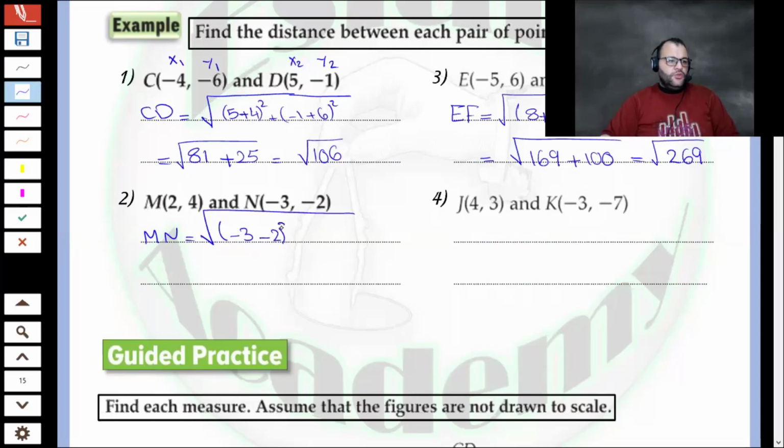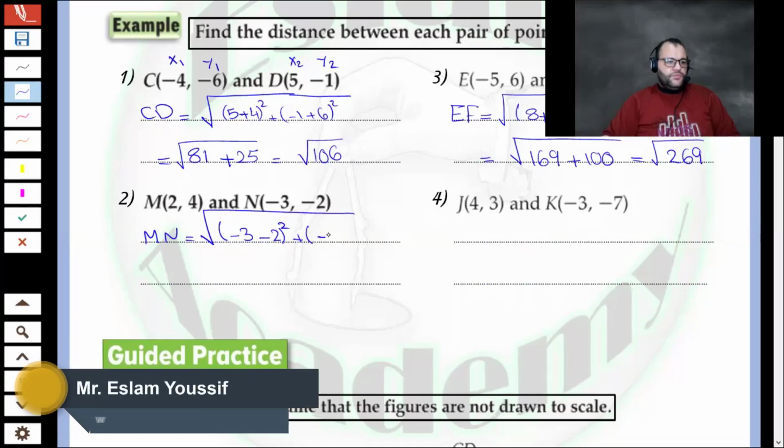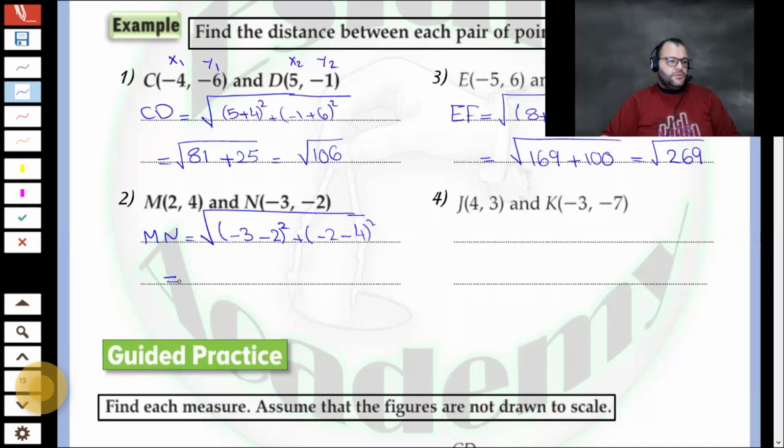And then squared, plus parentheses negative 2 minus 4, all to the power 2. So it would be negative 5 to the power 2, 25, plus 36. 25 plus 36 is 61.